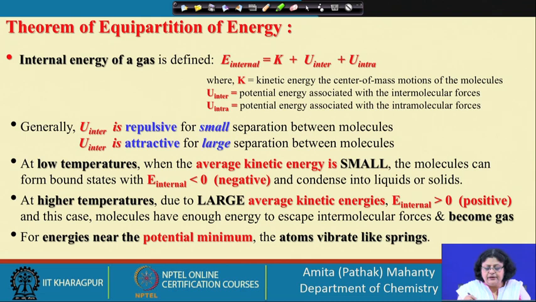At low temperature, the average kinetic energy is small. Low temperature means the speed of the molecules is less, and the total temperature of the system will be lowered.